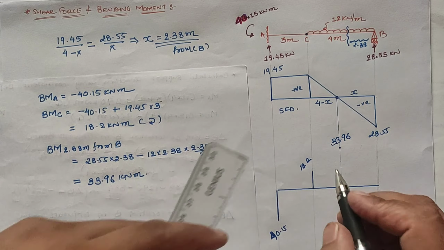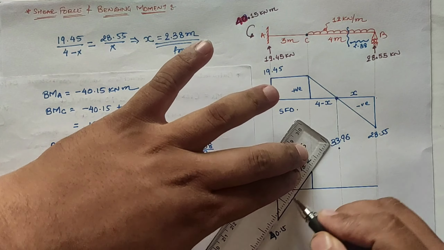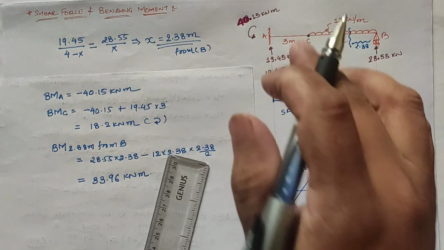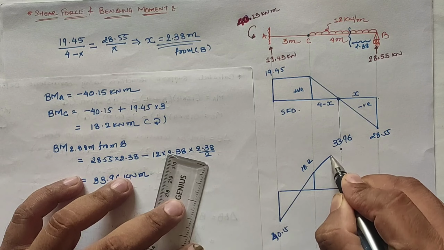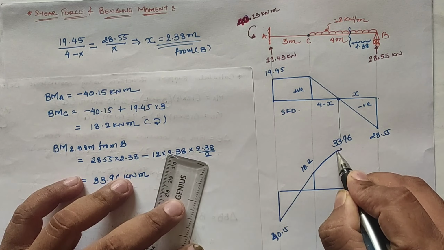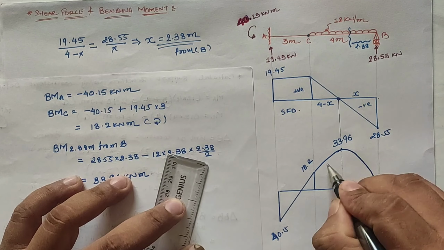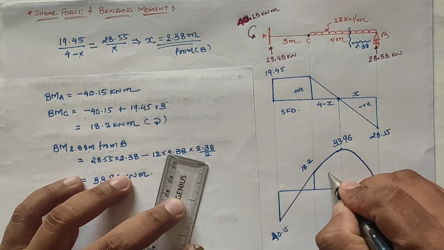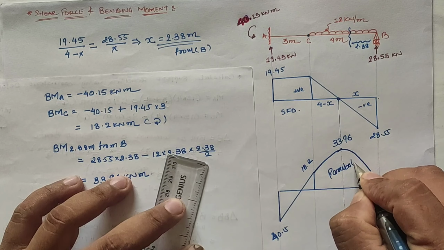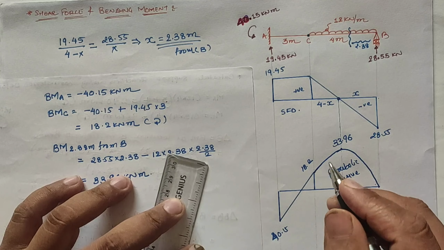And if we connect A to C by an inclined straight line, as there isn't any load between A to C, and from UDL our diagram is a curve, so it is 33.96 and then up to 0, where the diagram from C to B is a parabolic curve and the raised part is triangular.